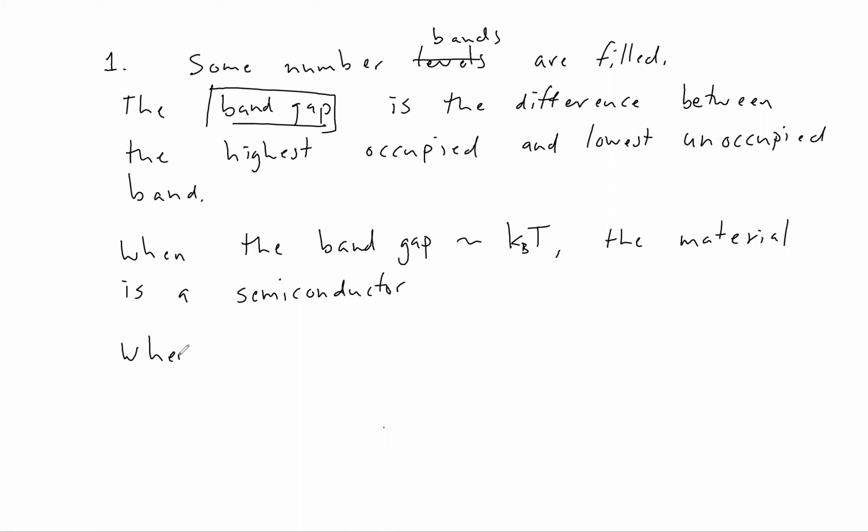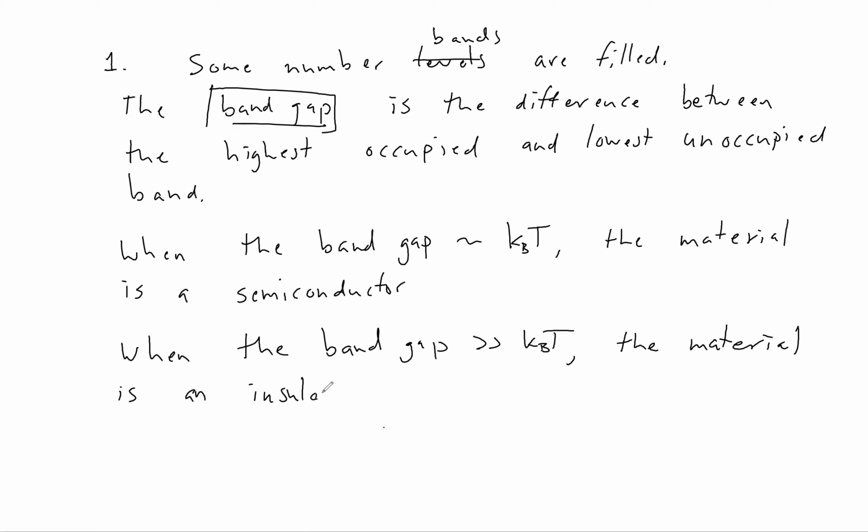When the band gap is substantially higher than kBT, the material is an insulator. One thing that's interesting to think about here is that, remember, the number of levels per band is equal to the number of primitive cells in the crystal.